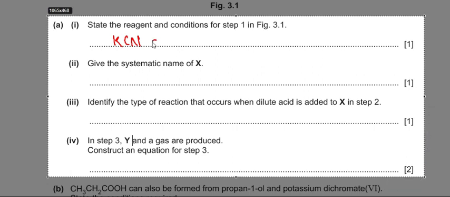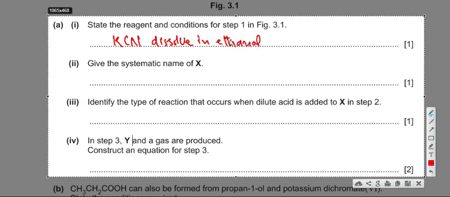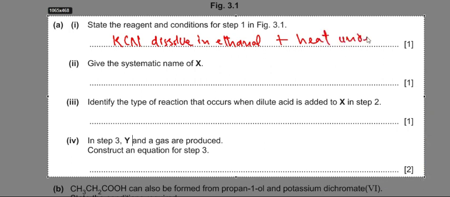You can even write alcohol, but it is better to write ethanol specifically. Then you have to write heat under reflux, or as I said, you may write just heat; it is acceptable.